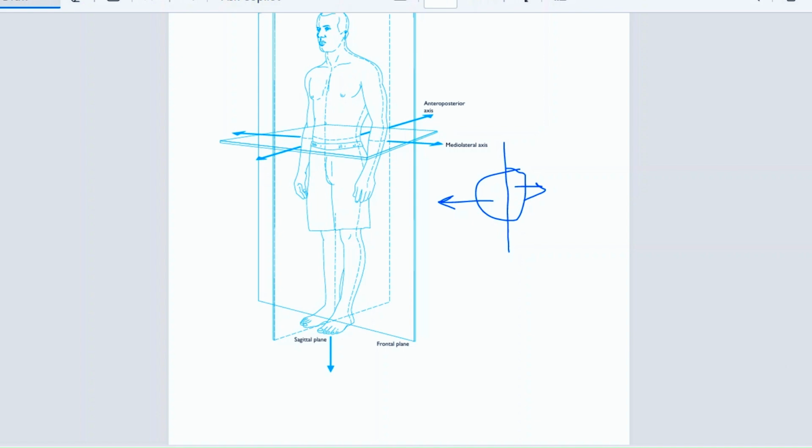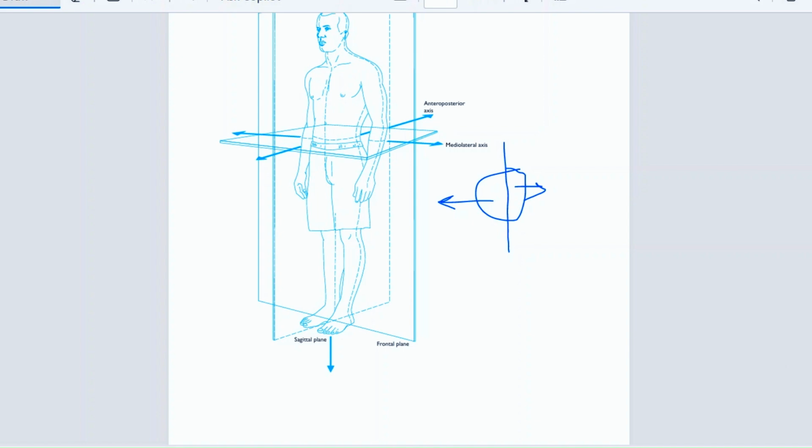Just try this yourself: raise both arms straight to the side like making a T, with both hands in an abduction position. This is a frontal plane movement.